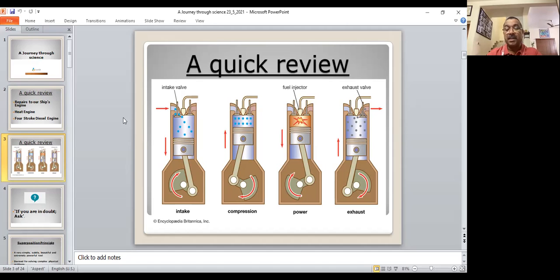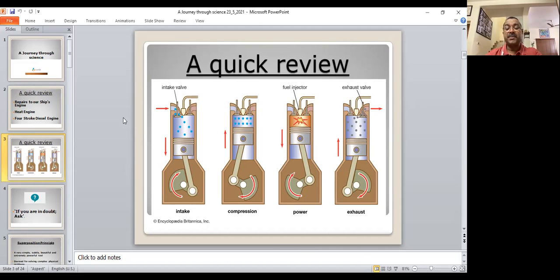So we are injecting diesel into the compressed air, and it is burning. In this third stroke, the piston will be pushed down by the expanding gases, or the release of energy in the combustion of this fuel and air mixture.